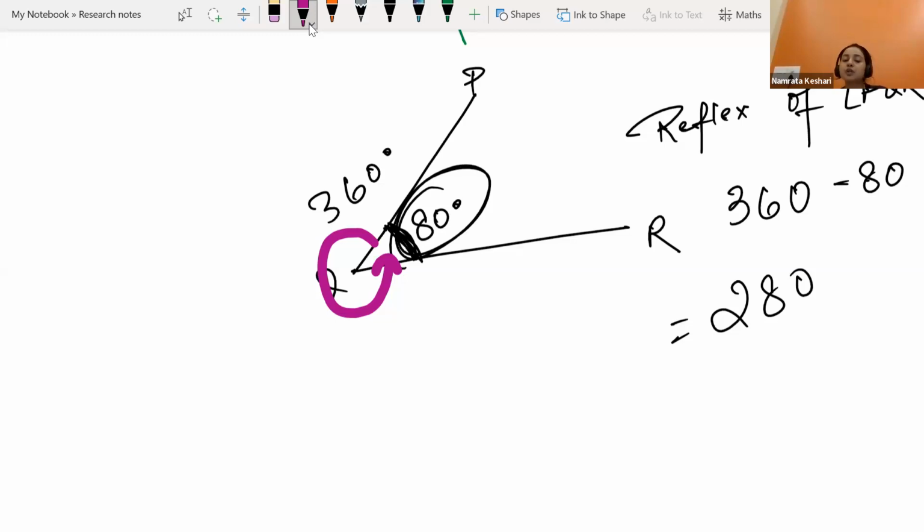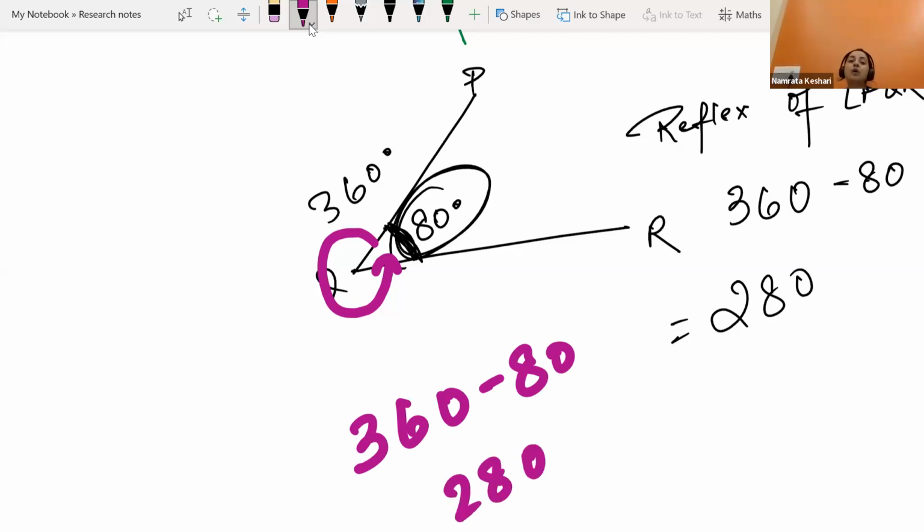Then of course you have to subtract 80 from 360. Yes or no? If we have to find only the purple color angle, from 360 we subtract 80. We will get the reflex of angle PQR, and this is 280. So this is how we always find the reflex of any angle.